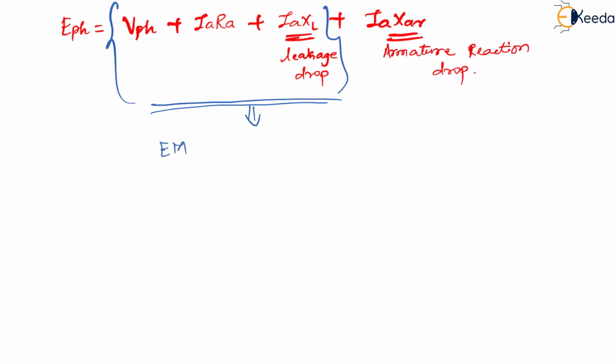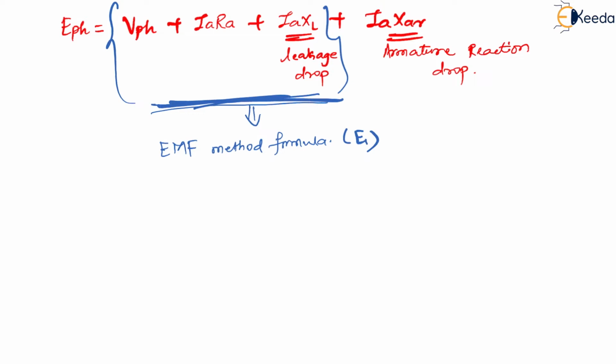So kind of we will be doing EMF method formula, and let me call this particular voltage that we will get by adding these factors to be E1. So this is going to be our first step. How do we do that? We will come to it. Okay, no problem.